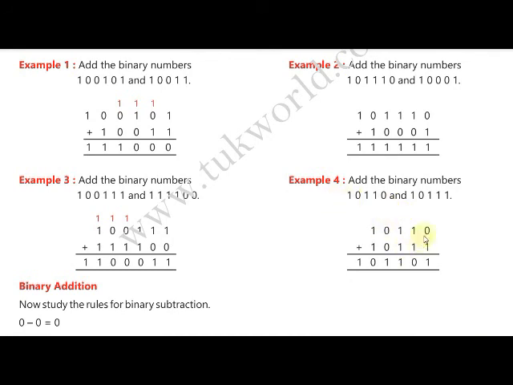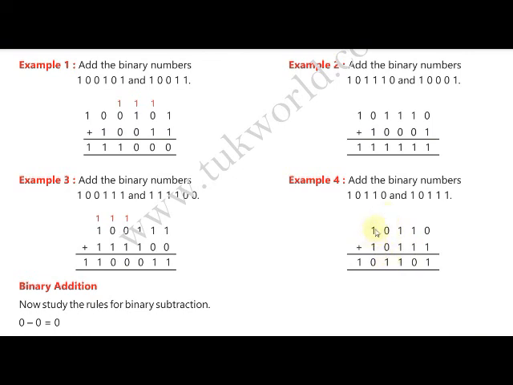Okay, now let's see how to calculate the addition of the given binary numbers in example 4. Now we have two binary numbers, 10101 and 10111. Okay, so let's see how to calculate the addition of the given binary from the right side. 0 plus 1, that is 1. Okay, 1 plus 1, 0, we will carry 1. Okay, then 1 plus 1 plus 1 is equal to 1, now carry 1 to the next digit. 1 plus 0 plus 0, now what will be the output? 1.